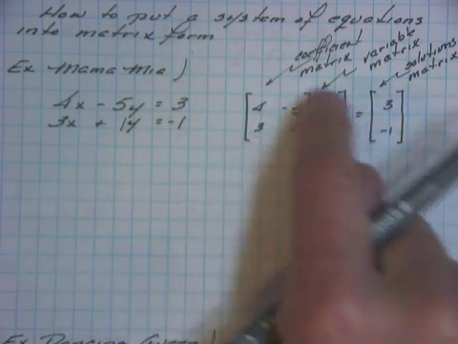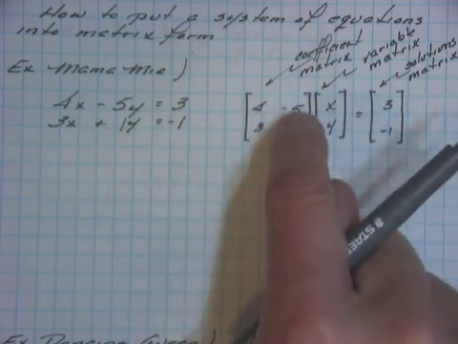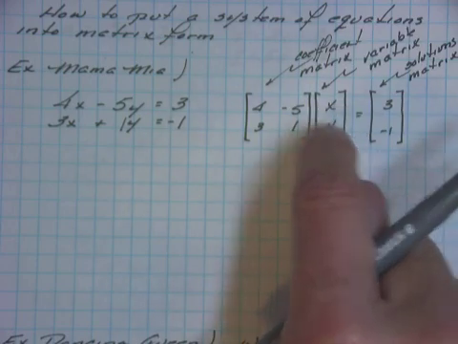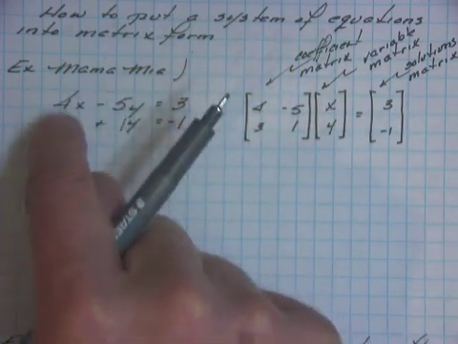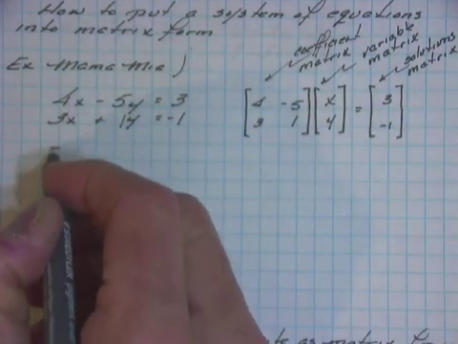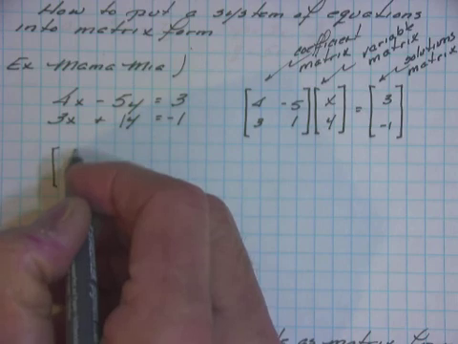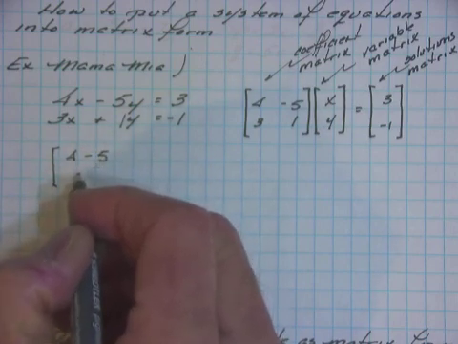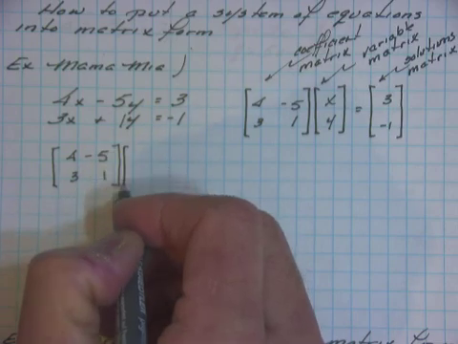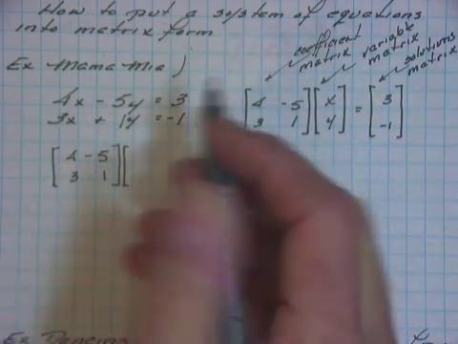Now I need to convince you of something. How do I know that this, the 4, -5, 3, 1, and then the variable matrix, is the equivalent of what's going on on this side of the equations? Well, let's try it. Let's go 4, -5, 3, 1, and multiply it by the variable matrix.